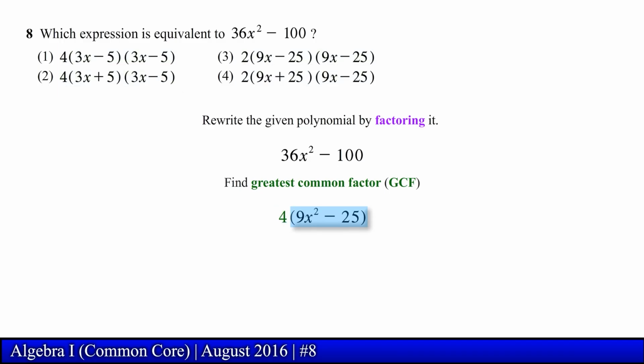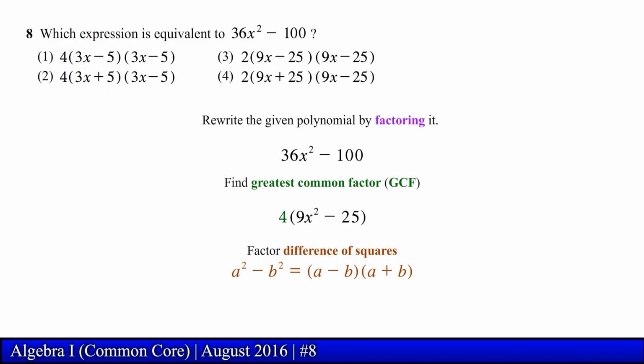Taking a look at the quantity 9x squared minus 25, we should be able to identify this expression as a special factoring type, particularly a difference of squares. Recall that a difference of squares, a squared minus b squared, factors into the quantity a minus b times the quantity a plus b.